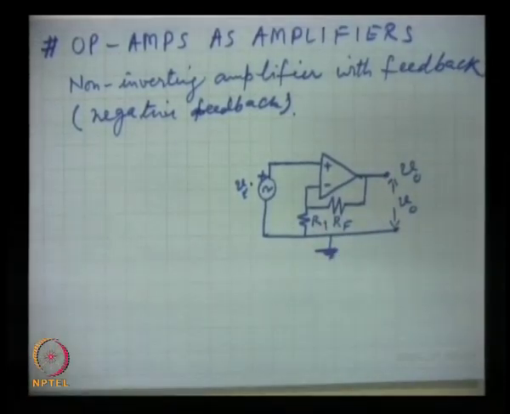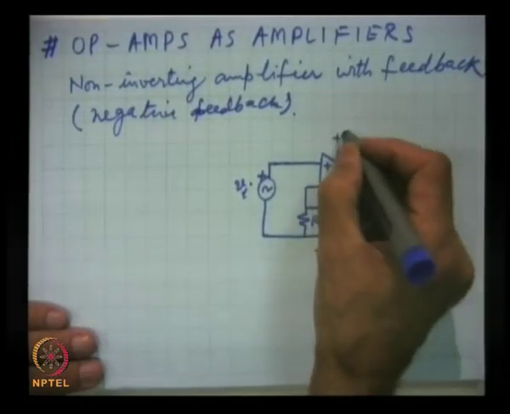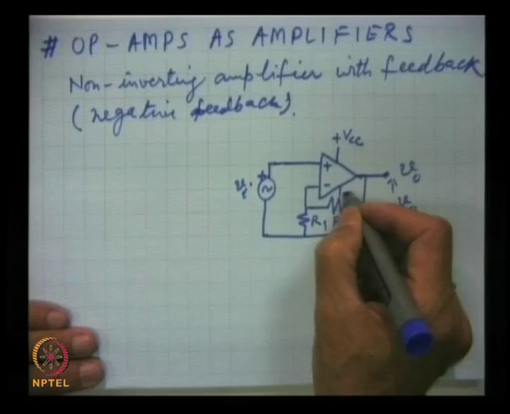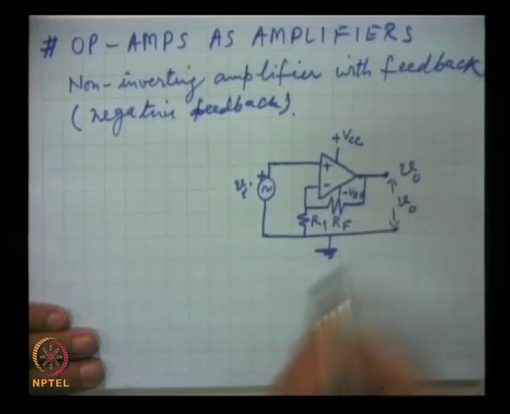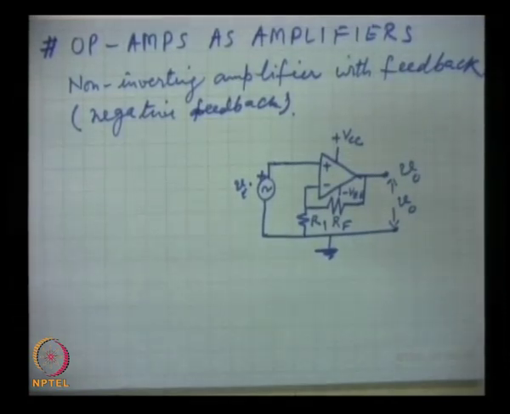Look at the simplicity of the circuit, and of course these sources are there, plus VCC and minus VEE. Even if we do not show these two DC supplies, it hardly matters. It is implied, as no electronic circuit will work without a DC supply, because DC voltages are needed for biasing the transistors, which is so important.